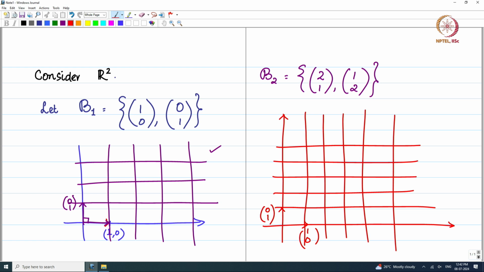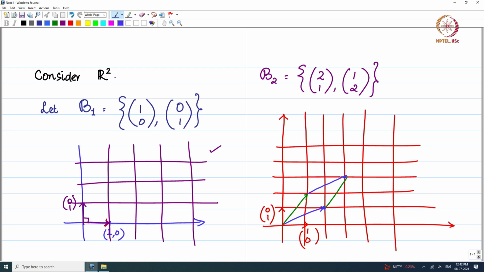So, how does this 2 1, 1 2 basis look? The 2 1 vector is here, and the 1 2 vector goes here. The next 1 2 vector would be here, and the next 2 1 vector goes to 3 3.